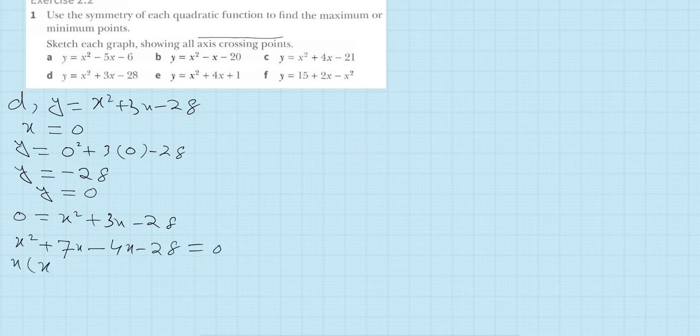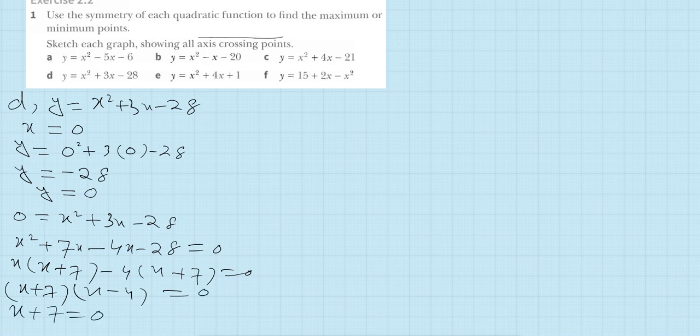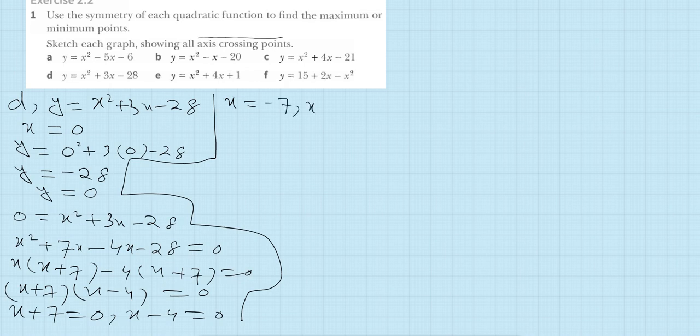So taking x common, x plus 7, taking minus 4 common, x plus 7 is equal to 0. So x plus 7 into x minus 4 is equal to 0. x plus 7 is equal to 0, x minus 4 is equal to 0. So x is equal to minus 7, x is equal to 4.